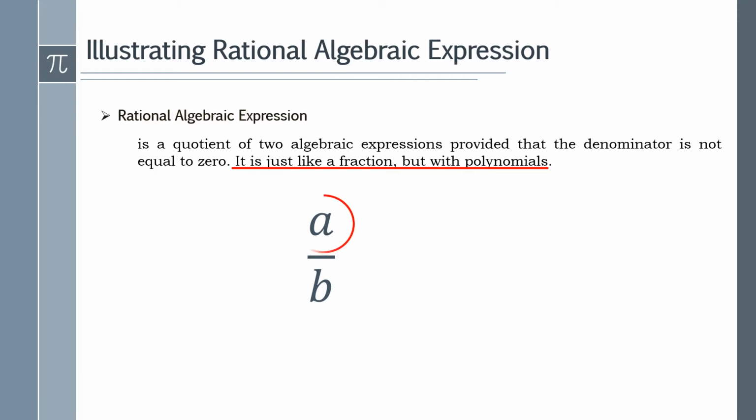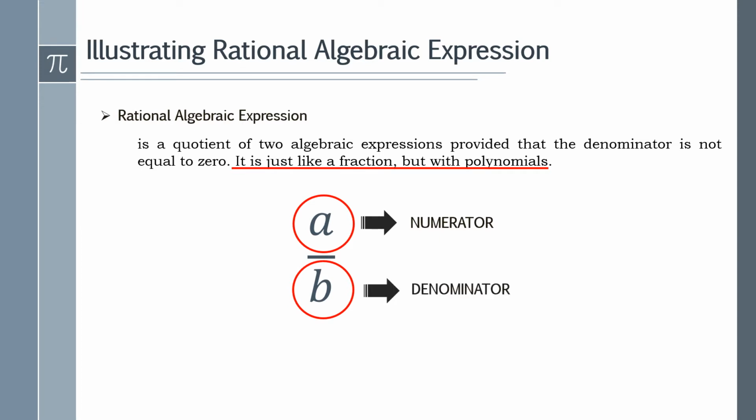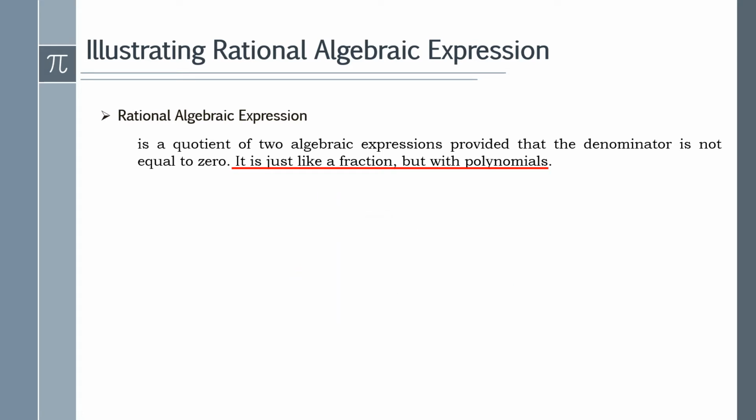This term here, represented by A, stands for any expression, polynomial expressions. That is your numerator, and everything at the bottom is our denominator, and that is a fraction. So, it is very important that we understand what a numerator and a denominator are.